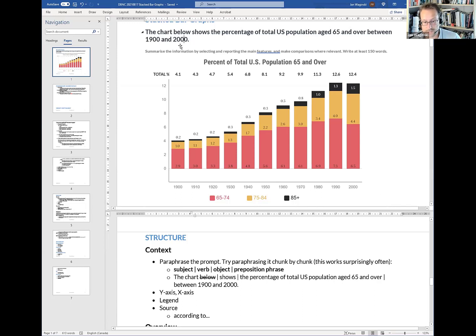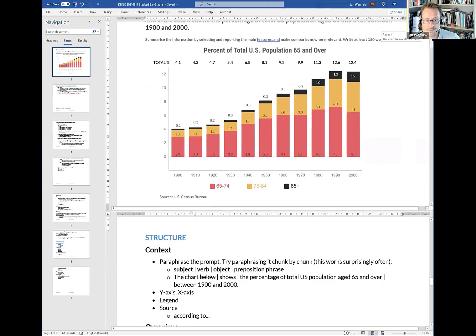But that's already in the title. You can provide information from the legend. This bit down here is called a legend, so you can mention the different demographic segments that were included in the study. And also we've got the source, the US Census Bureau. So those are all things that you can mention in the context.